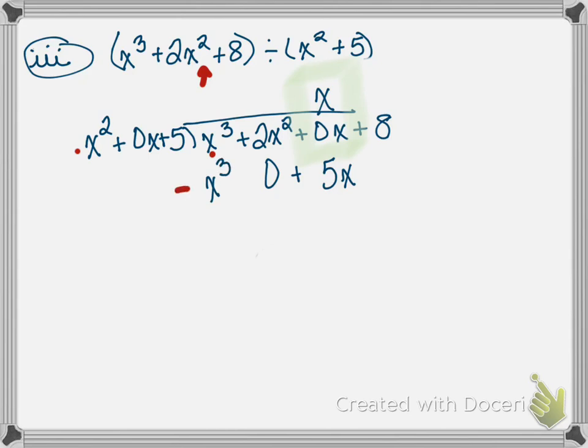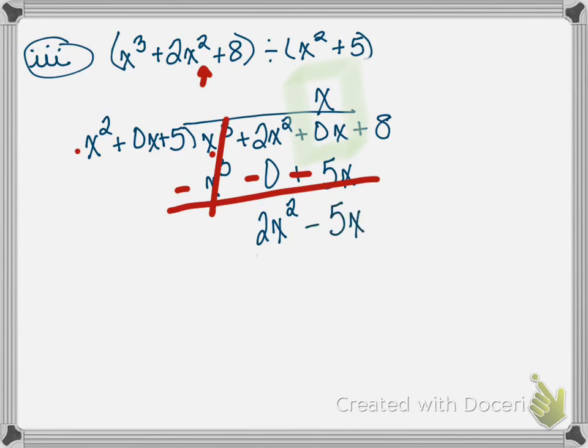Now I am subtracting everything. Okay, so I have to change my signs. X to the third and negative x to the third cancel. I'm left with 2x squared minus 5x. And I'm going to bring down my 8. Okay, so then I say x squared times what gives me 2x squared. And the answer to that is 2. So I'm going to multiply everything times 2.